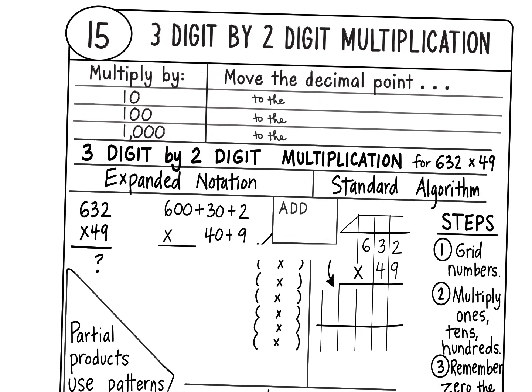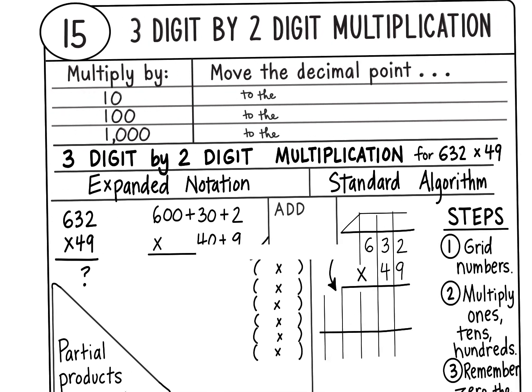But anytime you multiply by 10, what you are actually doing is you are moving the decimal point to the right one place. When you multiply a number by 100, you're moving the decimal point to the right 2 places.